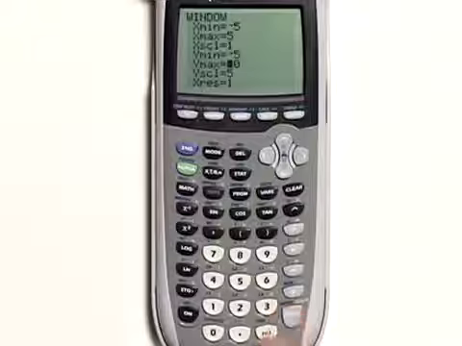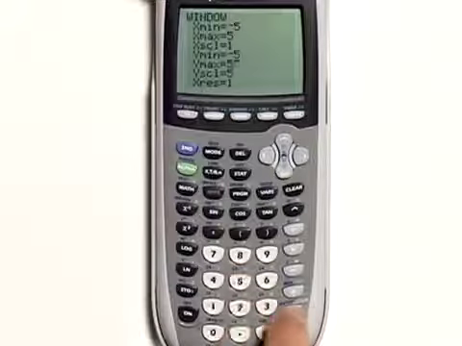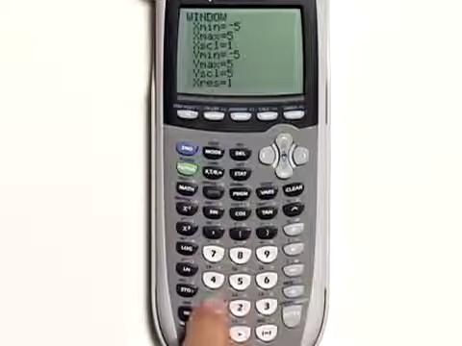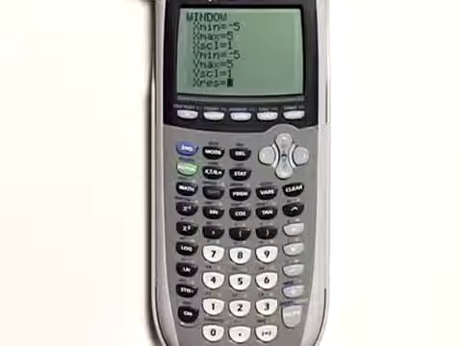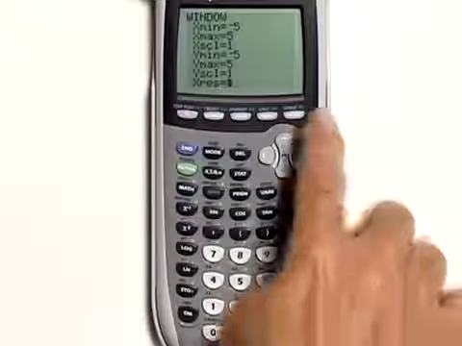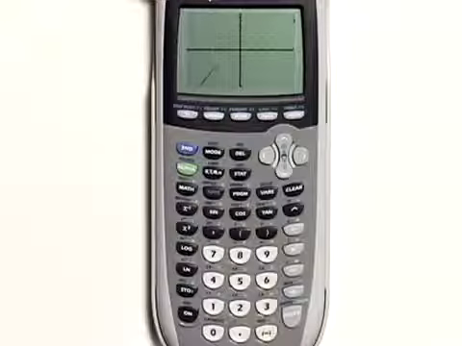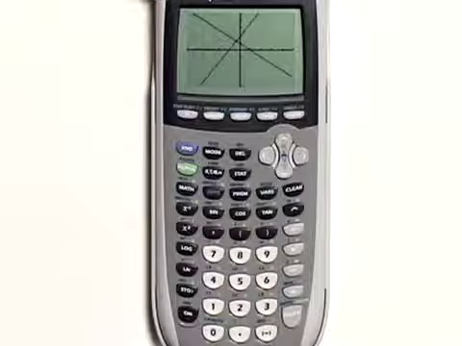So then we hit enter, and now enter 5 and hit the enter key, press 1 and hit the enter key. So we now have the correct window. So now let's hit the graph key, and we'll get a graph of our two lines, as you can see them being drawn. And now we want to find the intersection.